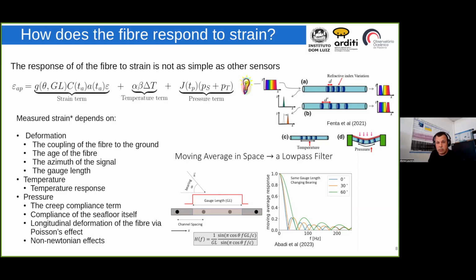And if we are talking about a seafloor fiber, the pressure will also affect the sediment around the fiber, and the whole ground around the fiber is part of the sensing element. And the problem is still not solved because we cannot easily understand how this cross sensitivity affects our measurement.